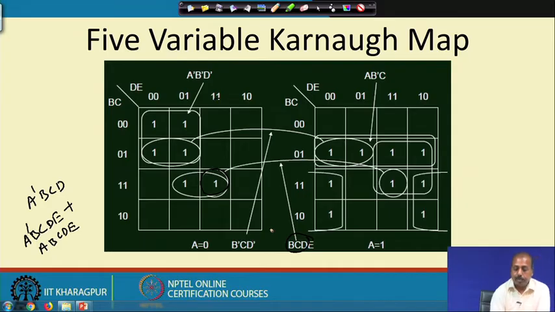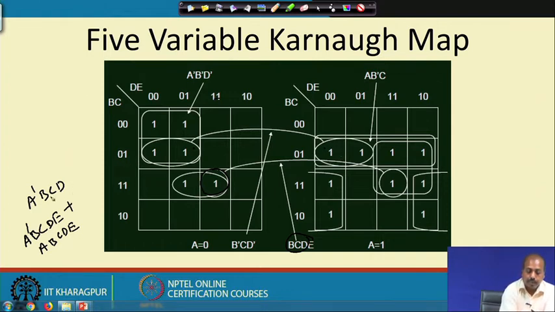In this way, by combining ones from two different maps, if the ones are at the same position, you can combine them to make pairs. Similarly, this quad is of itself, A bar B D, A bar B bar D bar. Similarly, this pair and this pair are located at the same place, from the first map.